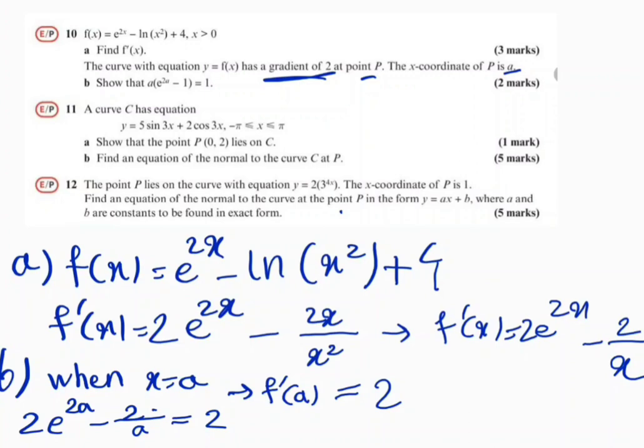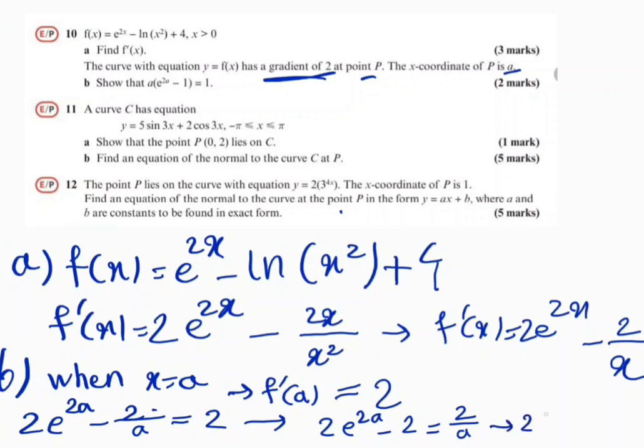Now we just need to rearrange this so that we get to our goal. First we can take away 2 from both sides and add 2 over a to both sides, so we can just have a on the right hand side. So 2e to the 2a minus 2 is going to be 2 over a, and here we can simply factorize.